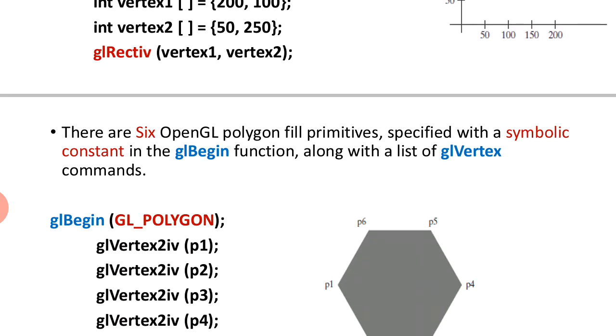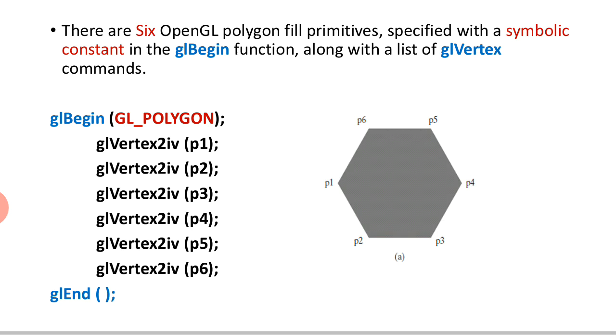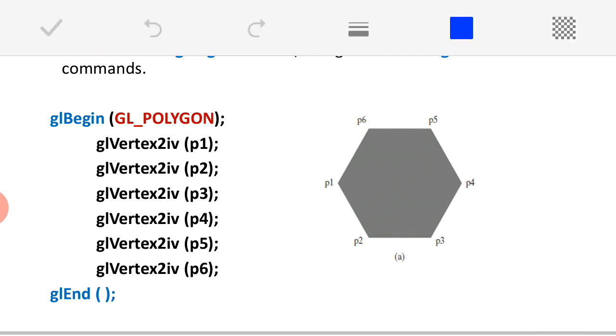Now, we will move with a very simple one, that is GL underscore polygon. This is the first symbolic constant which is available to draw the polygon. Do remember all these symbolic constants, they are very much useful in writing almost all OpenGL programs.